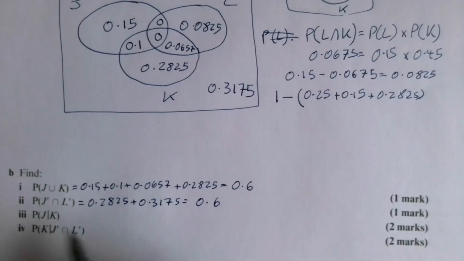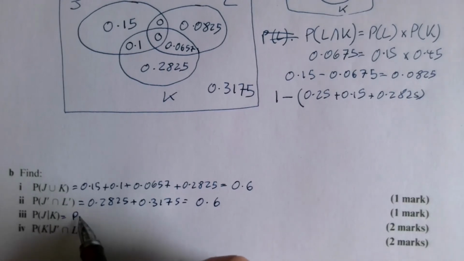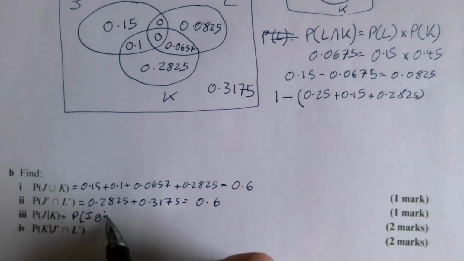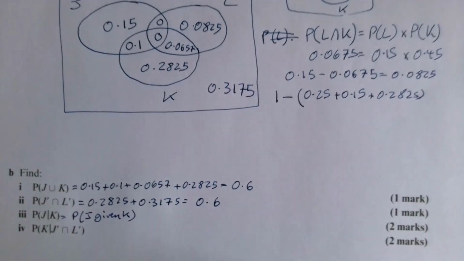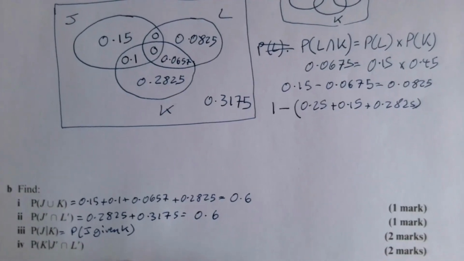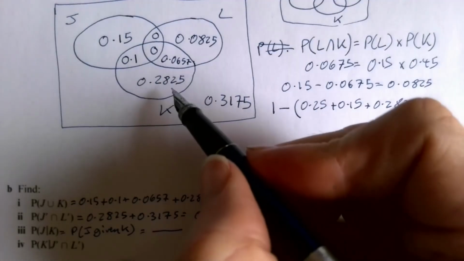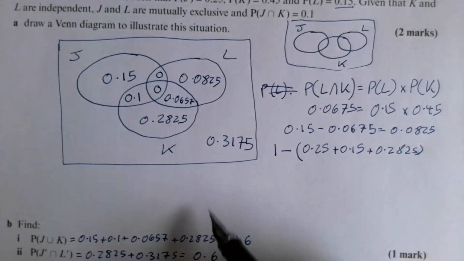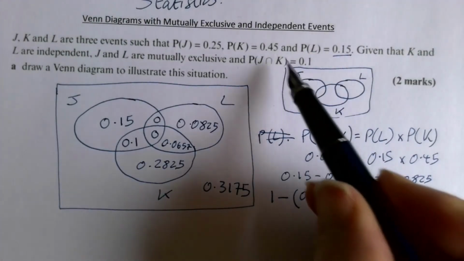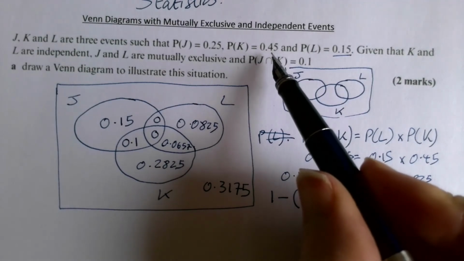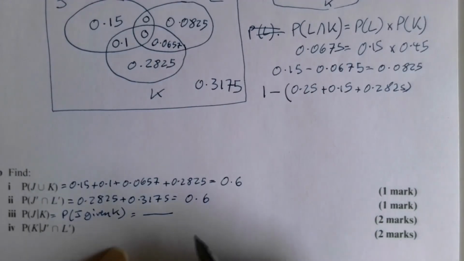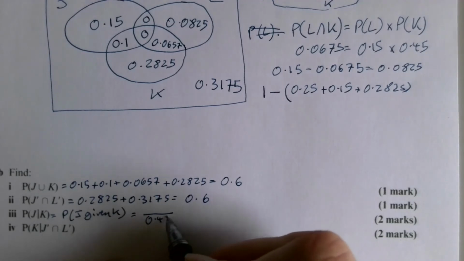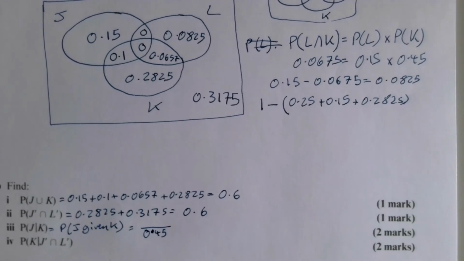Now the next bit here, that means probability of J given K. So it means that we know it's in K already. So if it's in K already, that means we no longer have 1 as being our overall. There's only a 0.45 chance of it being in K. If they're telling us that, those 0.45 things that can happen is now our denominator.